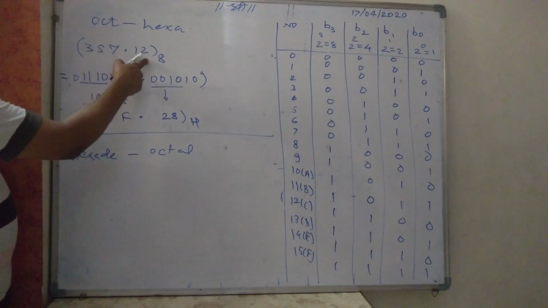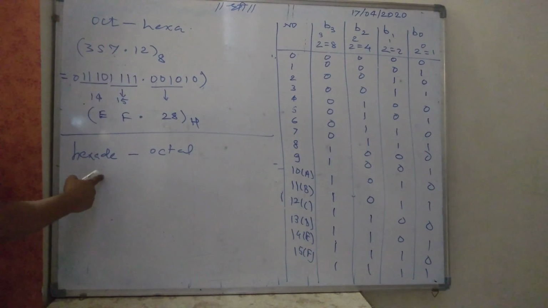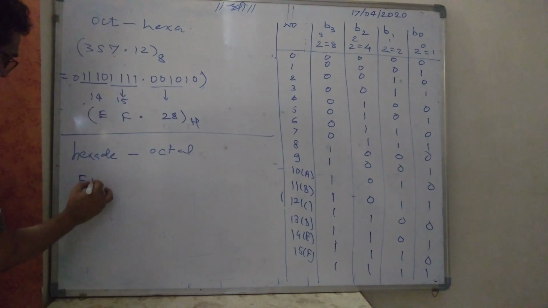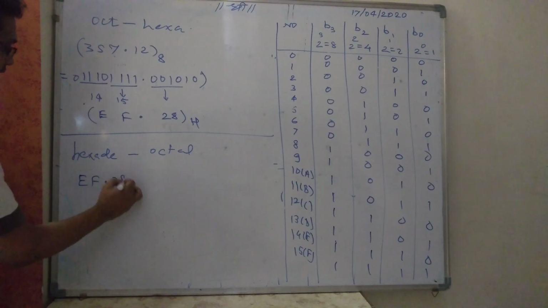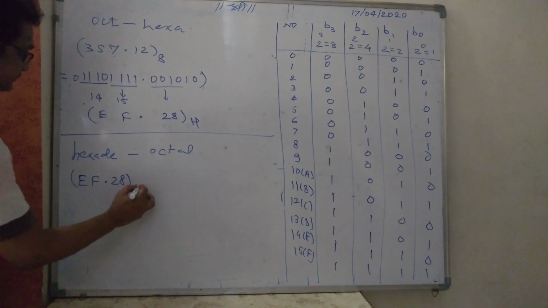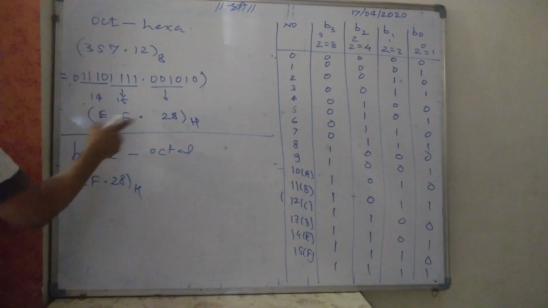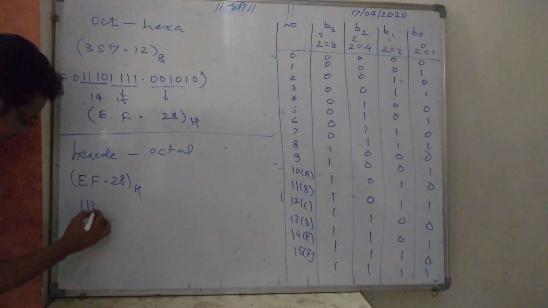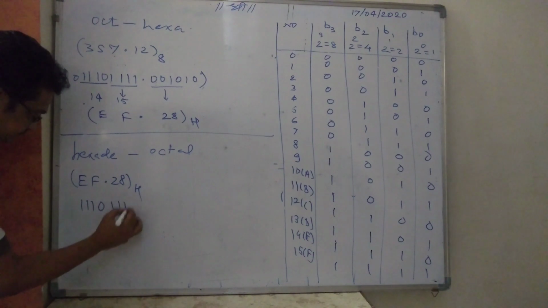Now same hexadecimal number we will convert into octal. EF.28H, this number we will convert in octal. Now represent this in binary. E 14, F 15.